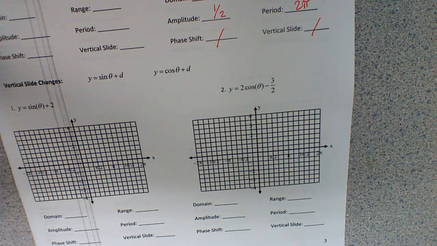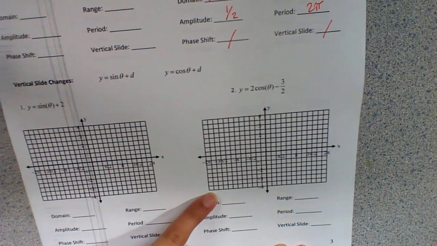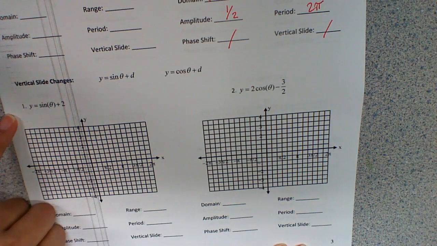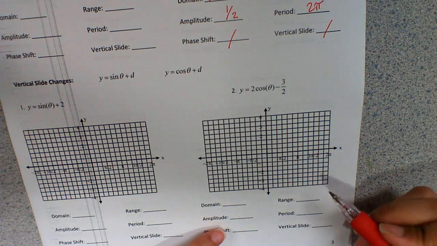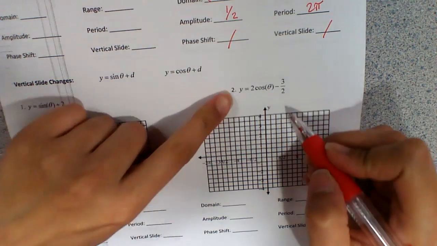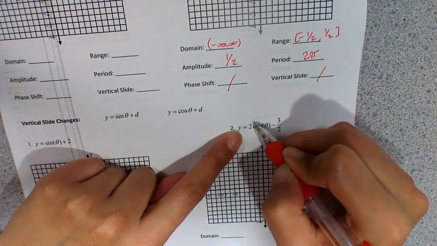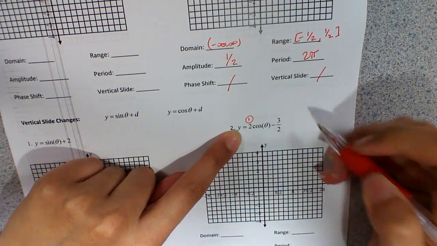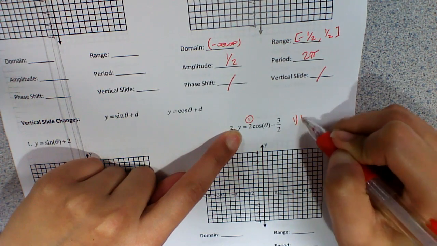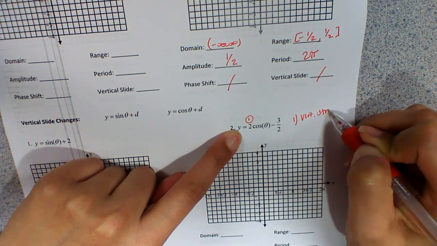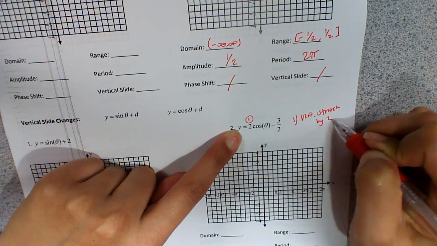Okay, number 2 on the bottom section, this is now a vertical slide or a vertical change. So now we have, again, 2 things here to do as well. The first thing we'll do is a vertical stretch by 2.